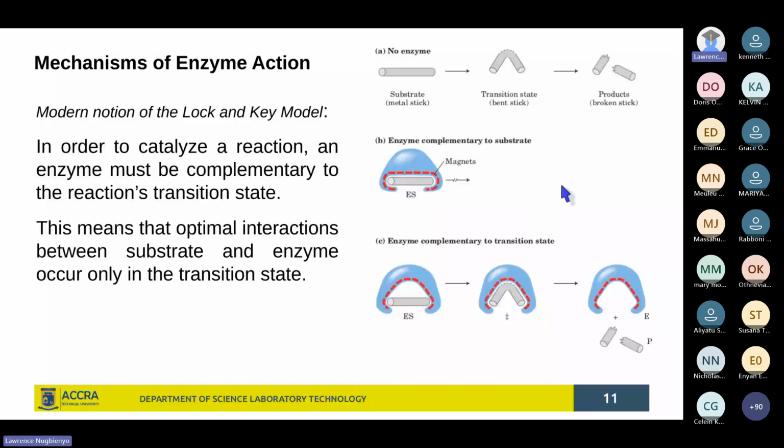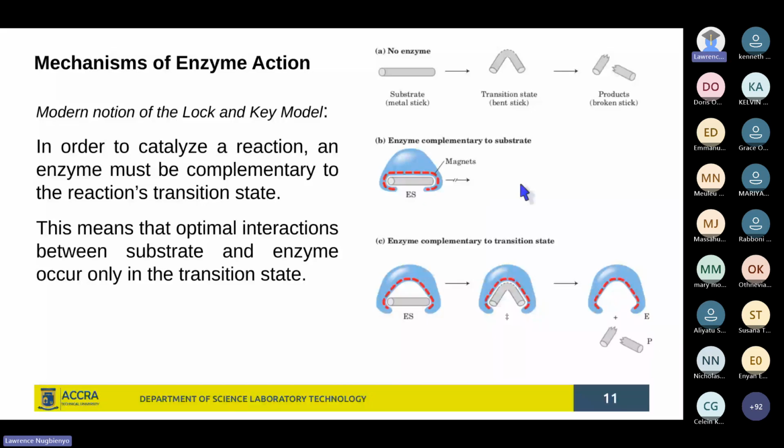Because what you see here is a very stable complex, so stable that there will not be any reason for which this enzyme substrate complex will want to form any product, to change into any other form, because there is that stability. The energy level at which it reaches here, the enzyme substrate complex, is so stable that there will not be any form of a reaction occurring in that sense.